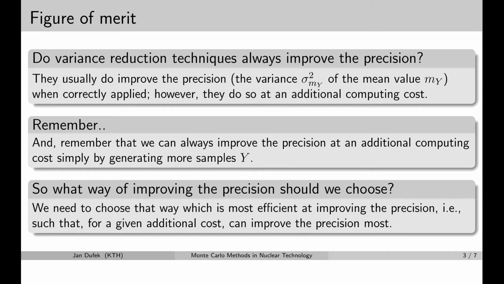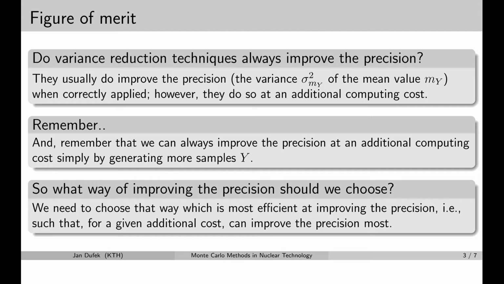So we could imagine a scenario in which the variance reduction technique itself would take too big computing time, which would outweigh the computing time of the actual Monte Carlo simulation. So then even if the variance in the mean value of the result would decrease, it would not be very clear whether the actual computing efficiency would be improved.